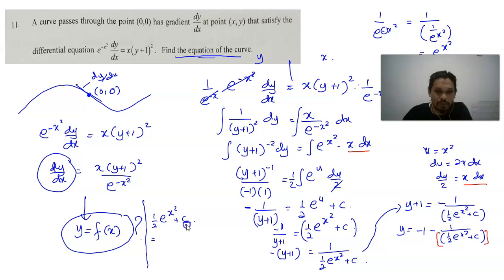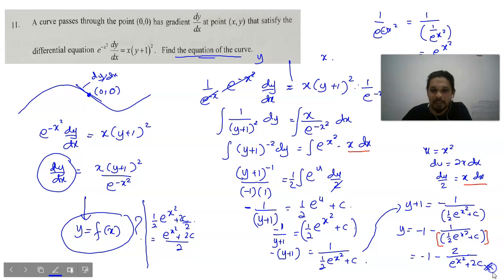To make it 2 here, then come up with 2. So then e to the x squared plus 2c divided by 2. So 1 over this becomes negative 1 minus 2 divided by e to the power of x squared plus 2c. Okay, never mind.